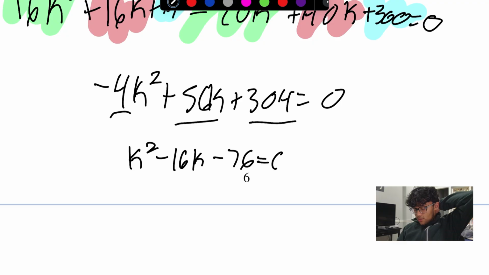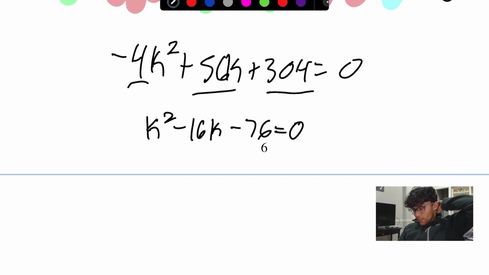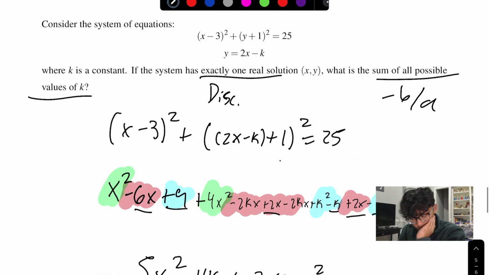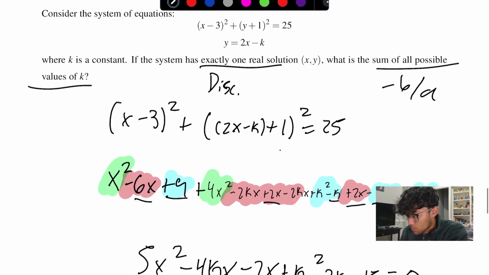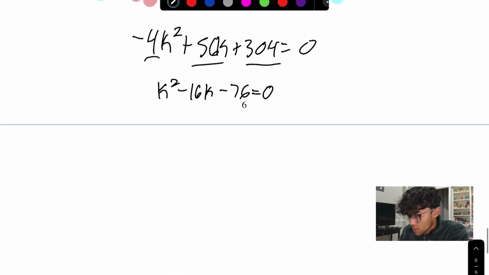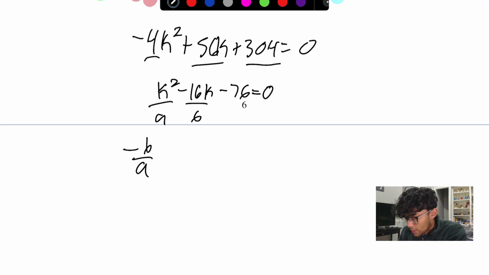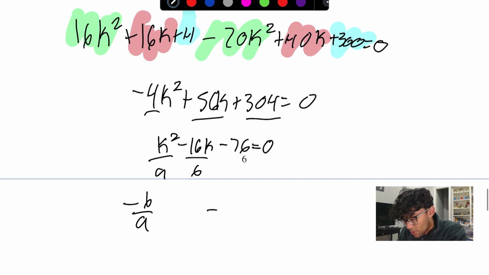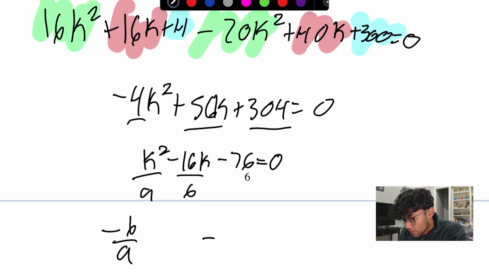My bad. Okay, so now we know this is our final equation where we can solve for k. And it's asking for the sum of all possible values. So the sum of all possible values, like we stated earlier, is negative b over a. So this is b and this is a. So we would have negative 16, no wait, this is not correct.